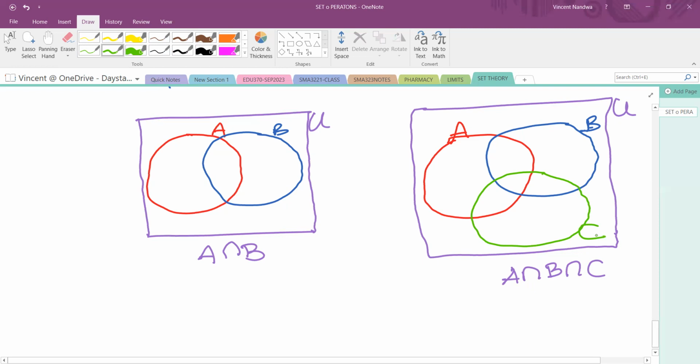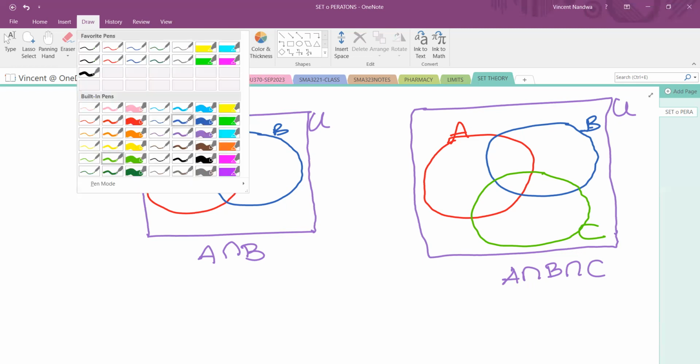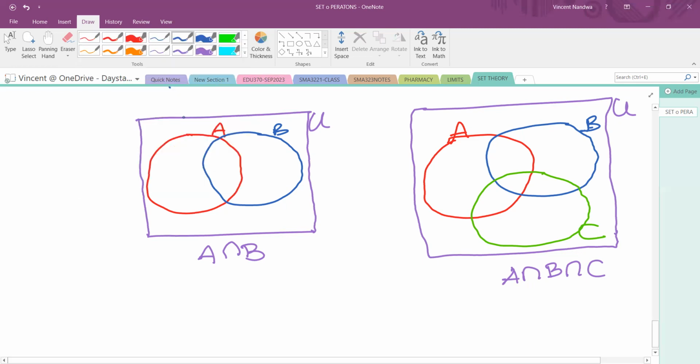So remember the definition of intersection. We have said it is a set that contains all elements common to the sets under consideration.